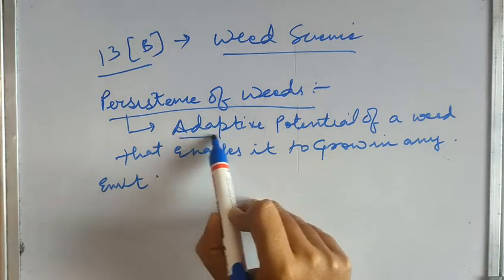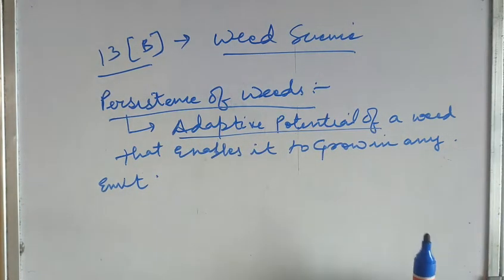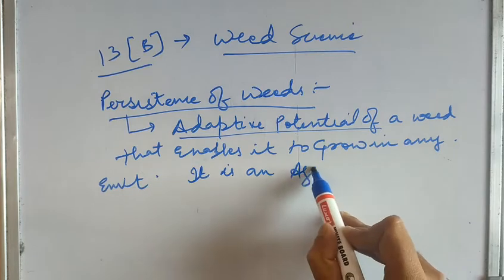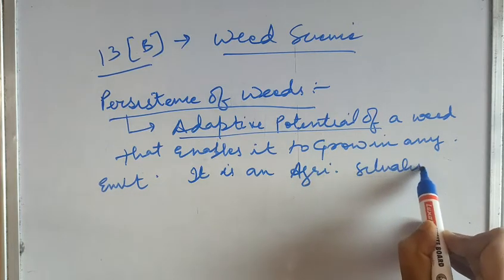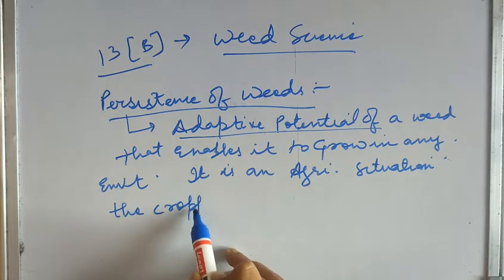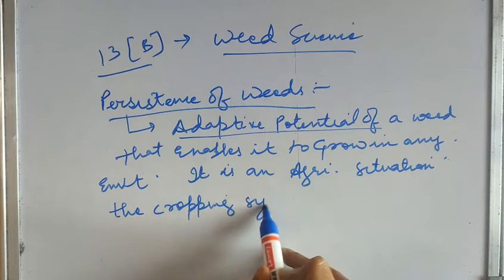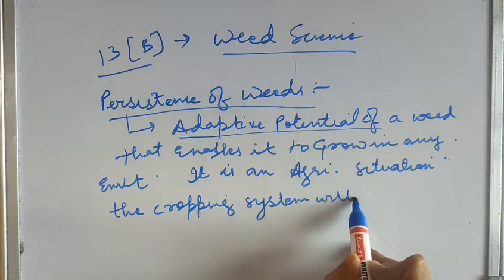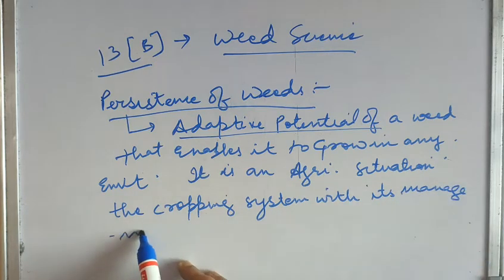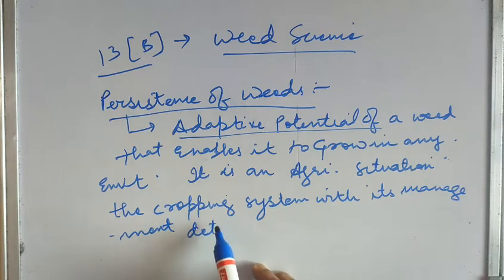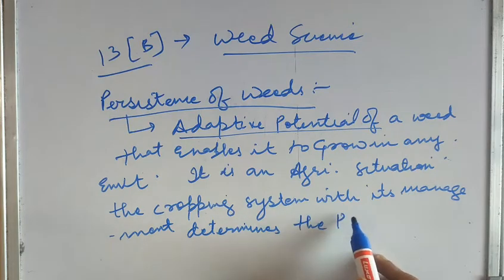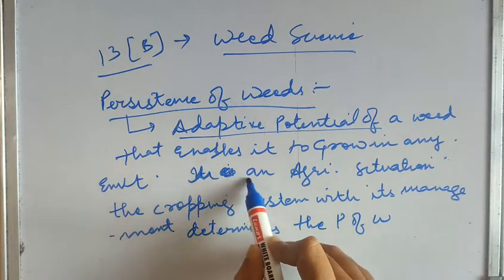It is an agricultural situation. The cropping pattern, the cropping system with its management, determines the persistence of weed in an agricultural situation.